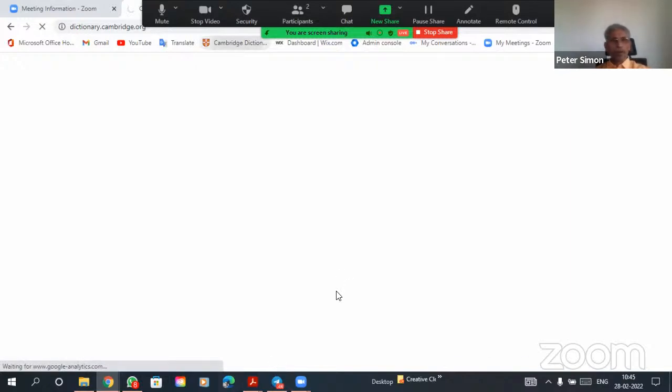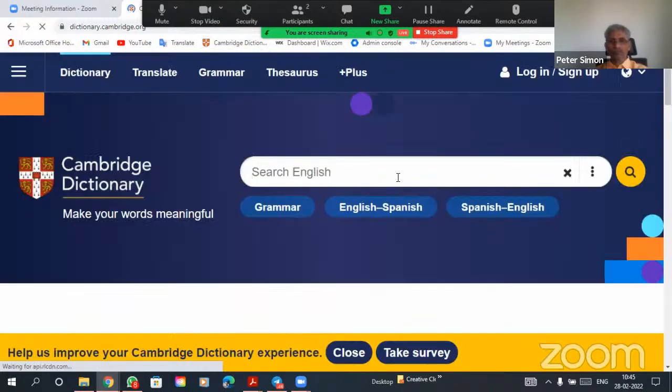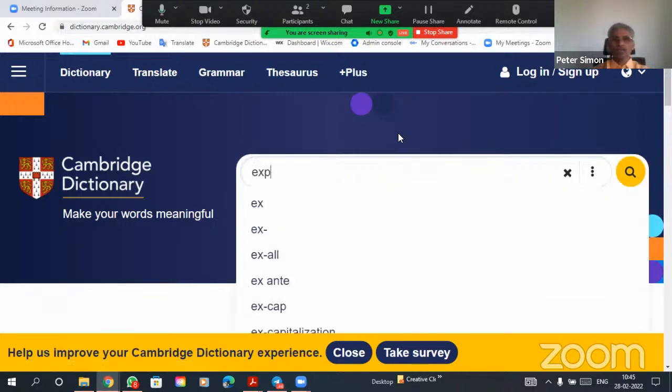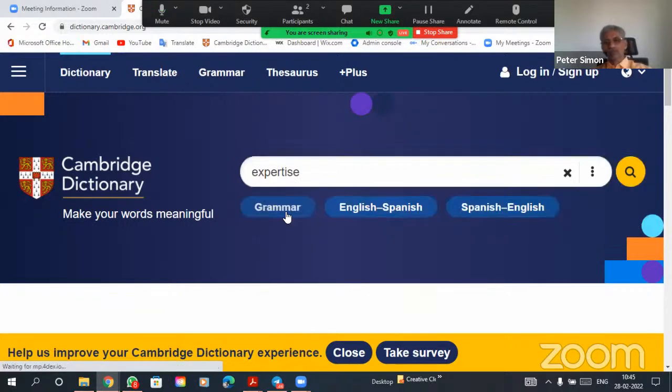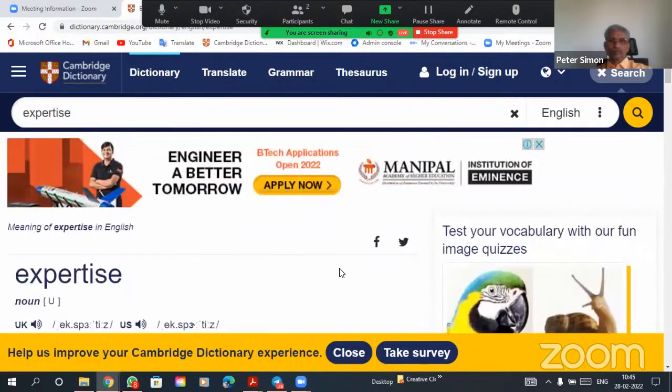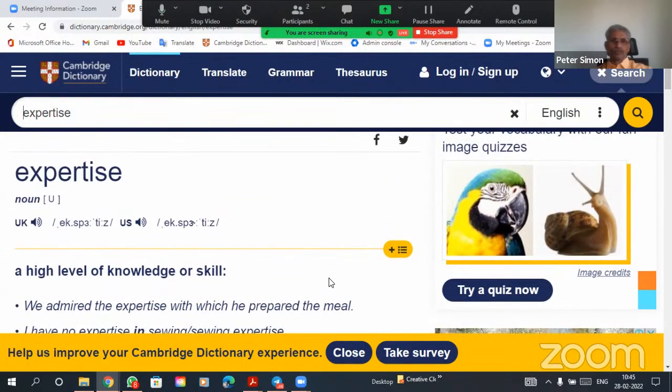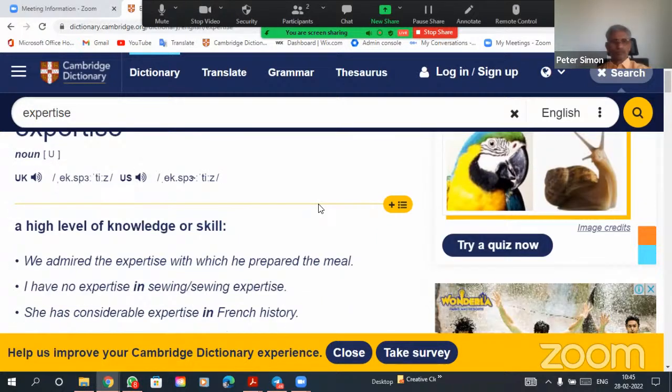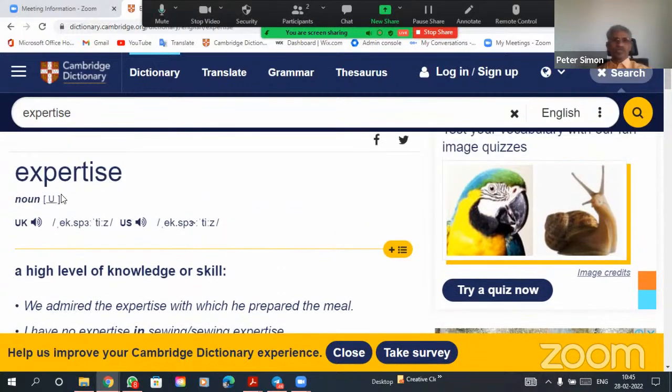Expertise is a noun: a high level of knowledge or skill.